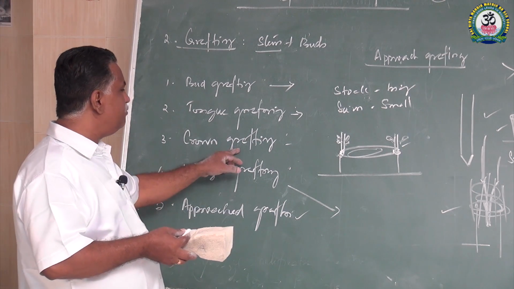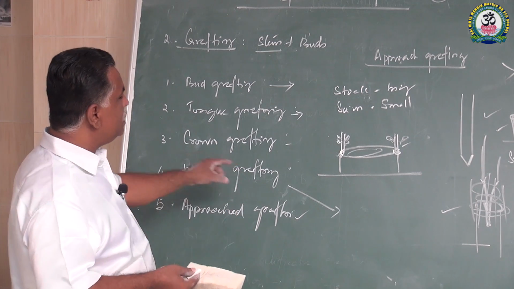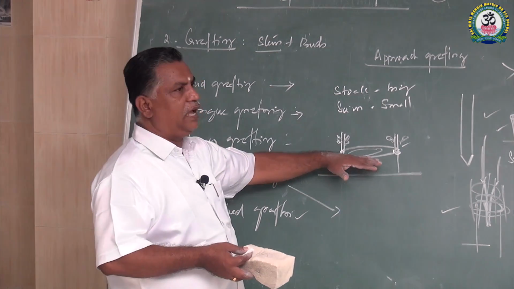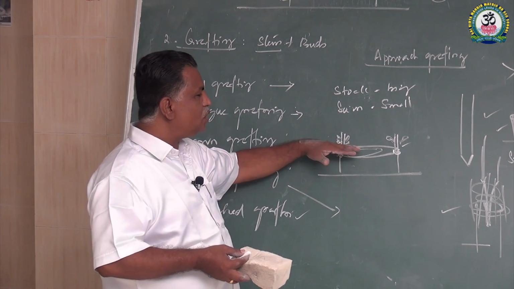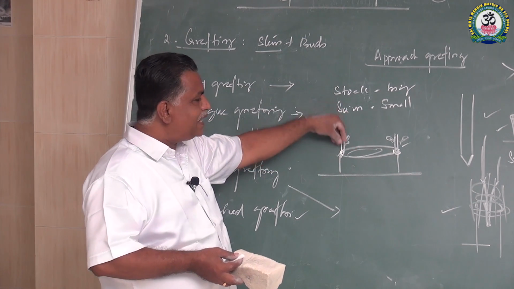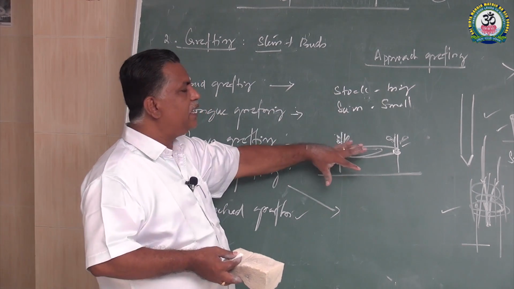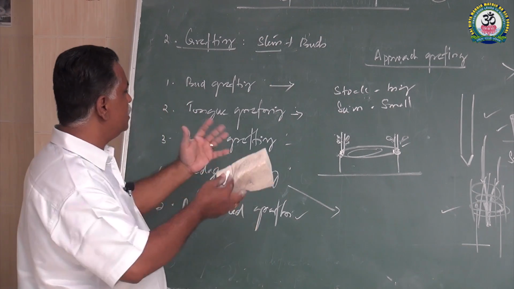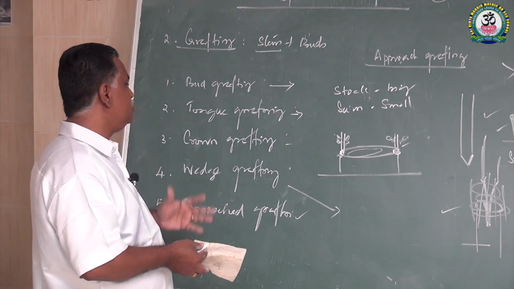And in crown grafting, we saw the stalk has a bigger trunk and the scions are smaller, and many scions are made to attach to a single stalk, and they can grow into a bushy structure.